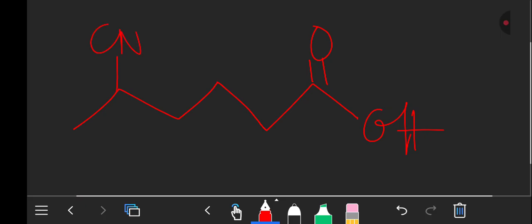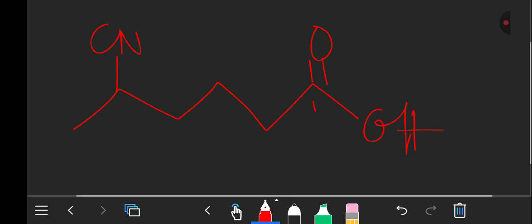What about if I have maybe a structure of this kind? Let's say I have OH there. Then let's say I have this carboxylic acid group there. Then I have a cyanide there. How can we name this compound?